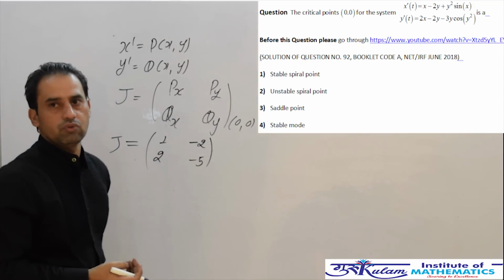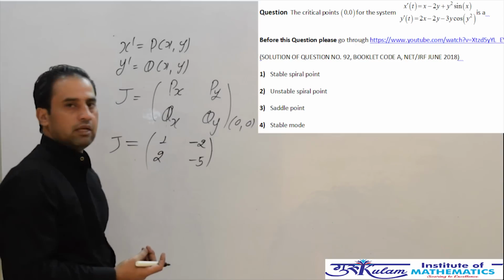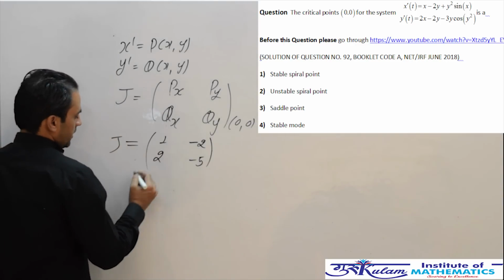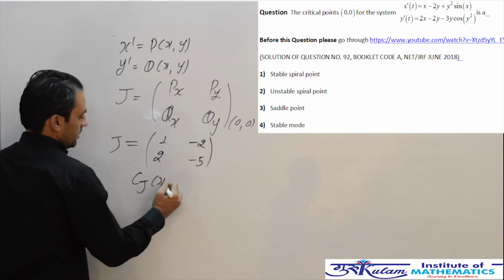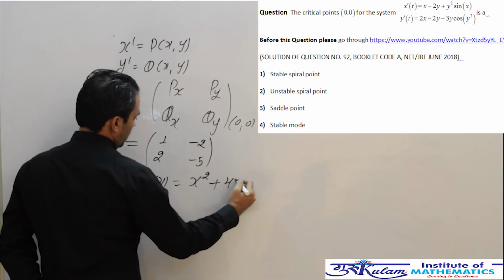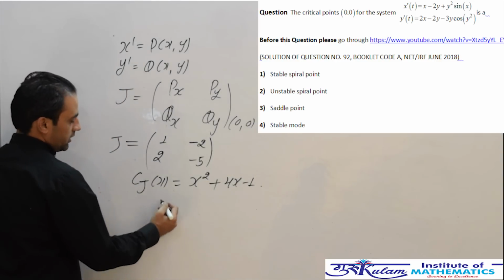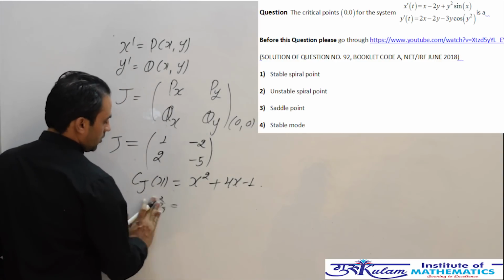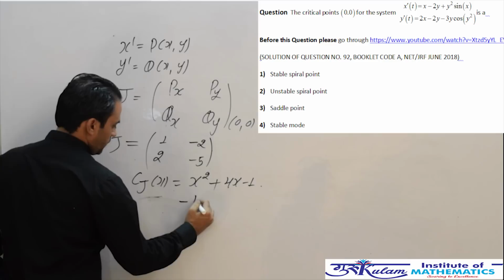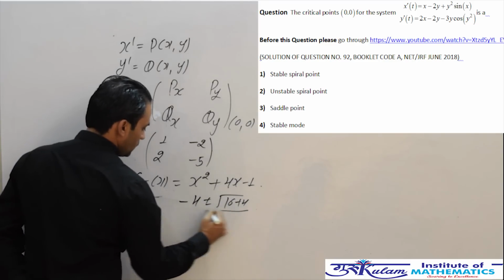So this is a 2 by 2 real matrix, again symmetric, so definitely the roots are real, and the characteristic polynomial of this matrix is given by x square plus 4x minus 1. Hence the eigenvalues of this matrix, say lambda 1 and lambda 2, are (-4 plus or minus square root of 16 plus 4) by 2.